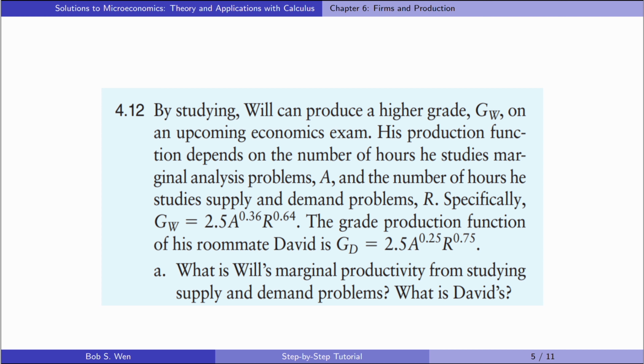The grade production function of his roommate, David, is also a Cobb-Douglas form with different parameters. In Part A, what is Will's marginal productivity from studying supply and demand problems? What is David's?